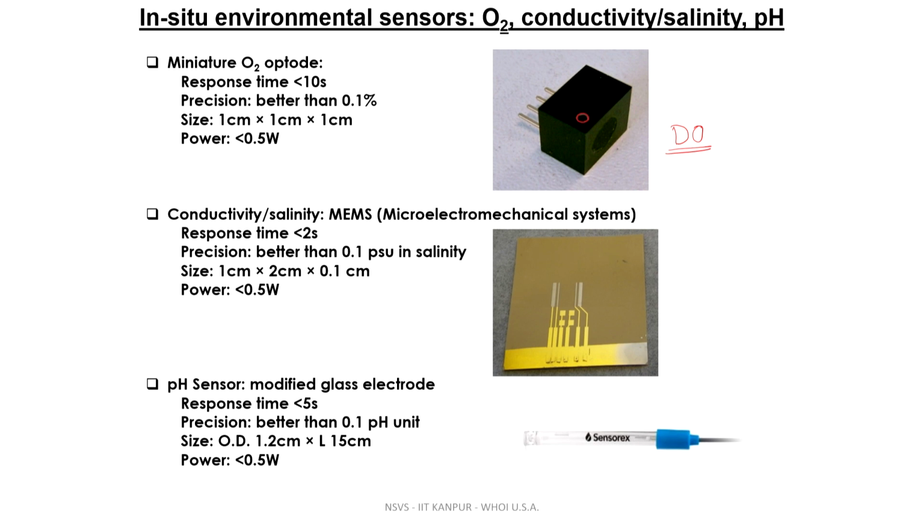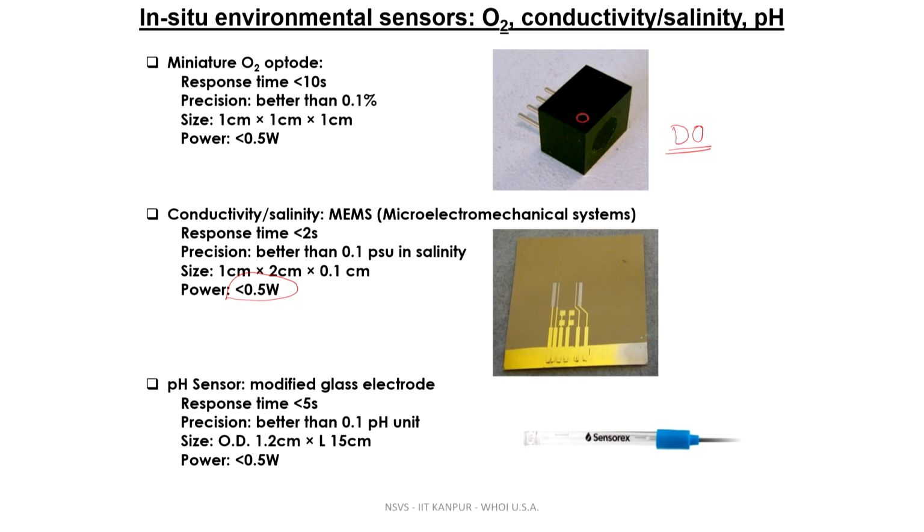The response time here is less than 2 seconds, precision better than 0.1 PSU in terms of salinity, and size wise also it is small, 1 cm by 2 cm by 0.1 cm, but the power, most importantly, is equally low, less than 0.5 watt.